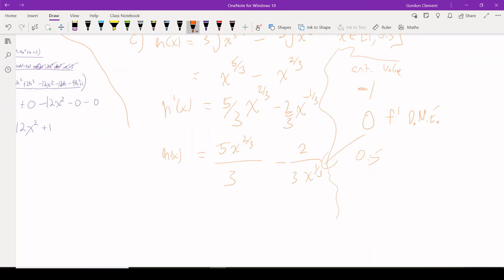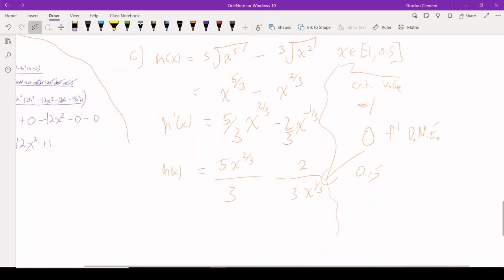Can I plug 0 into the original? So this would turn into 0 to the 5 is 0. The cubed root is 0. Can you do the cubed root of 0? Yeah, it's 0, right? So you can plug 0 into this function, and you get 0.